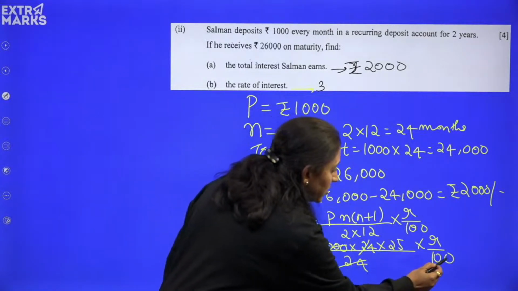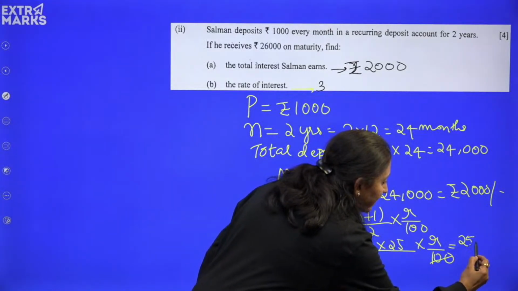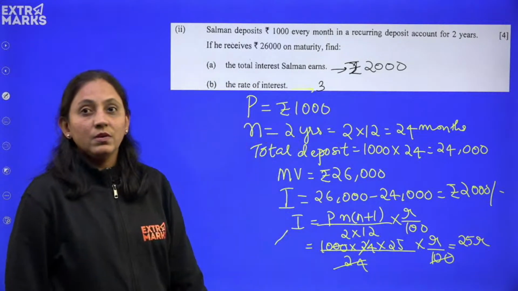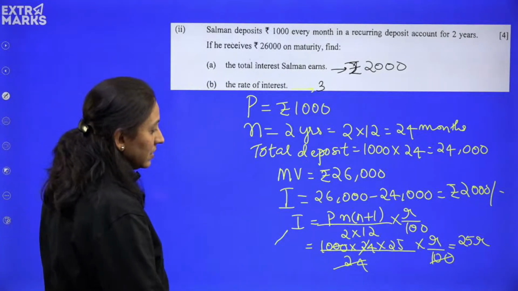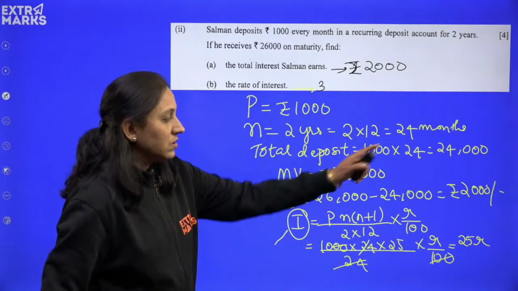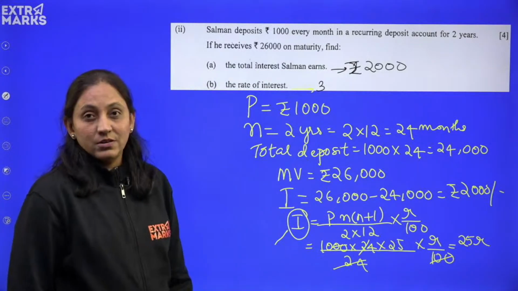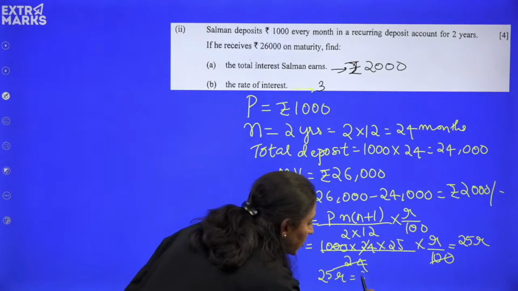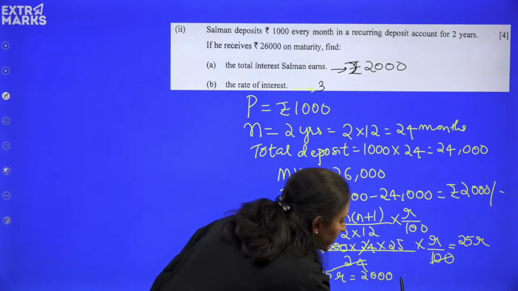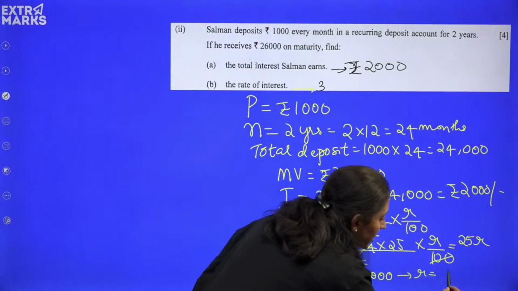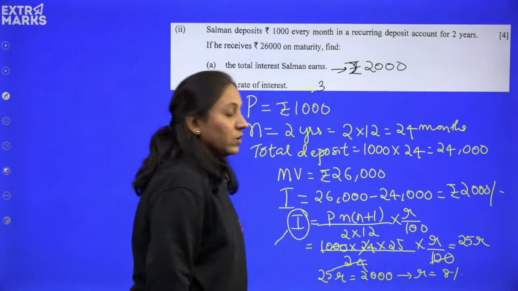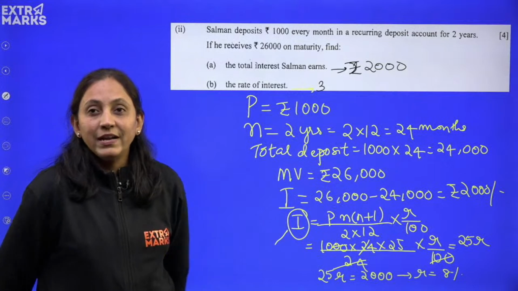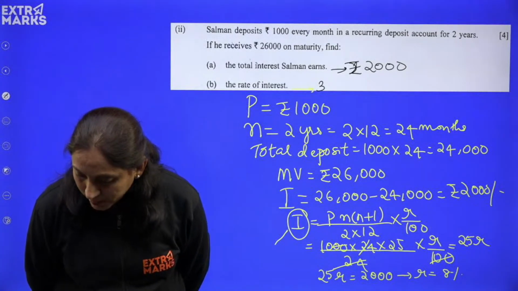Let's cancel 2 zeros. We have 25r. So 25r is the interest amount which is equal to 2,000, right? So 25r equal to 2,000, then r is equal to 8%. That's 2,000 divided by 25, which is equal to 8%.